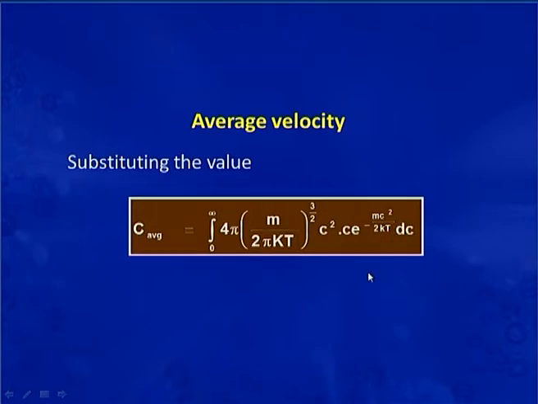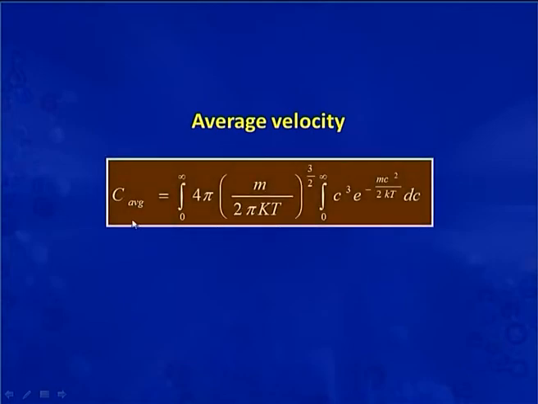The equation is written as C average is equal to 4 pi (m by 2 pi kT) to the power 3 by 2 integration 0 to infinity, here, c cube into e to the power minus mc square by 2 kT into dc. Let the term m by 2 kT be A.